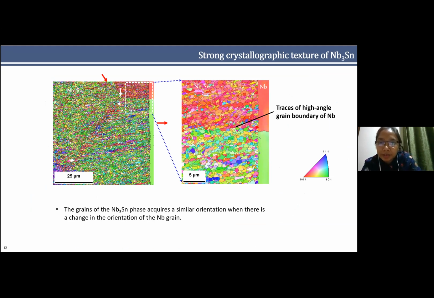For example, in the right hand side figure, you could see two different niobium grains, and the Nb3Sn phase that has formed adjacent to those grains has orientations, or color coding, exactly that of the niobium substrate. So we could say that with the addition of titanium, not only did the Nb3Sn kinetics increase, but we also find a strong crystallographic texture for the product Nb3Sn phase.